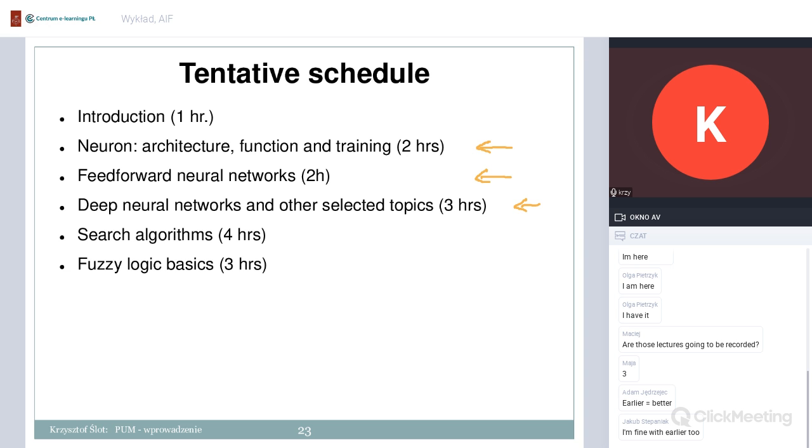So I will just indicate what this deep learning is, more or less. And I might also cover some other selected topics related to neural networks. And then we move to the second concept. We'll be talking about search algorithms. And finally, we conclude with fuzzy logic basics.